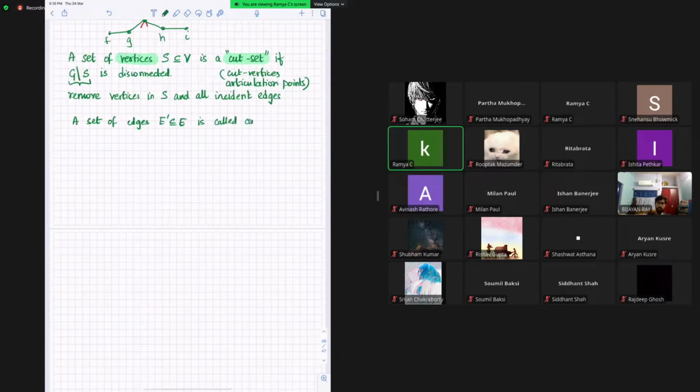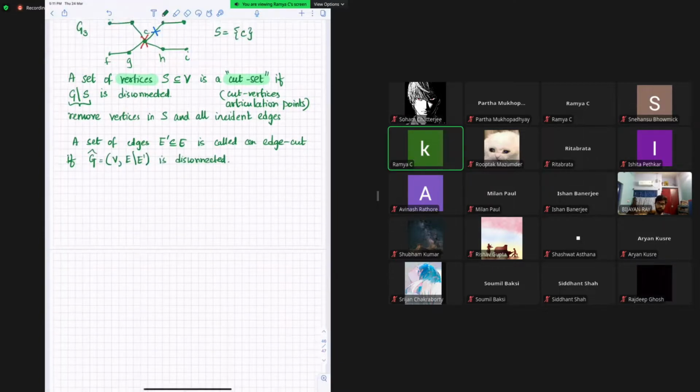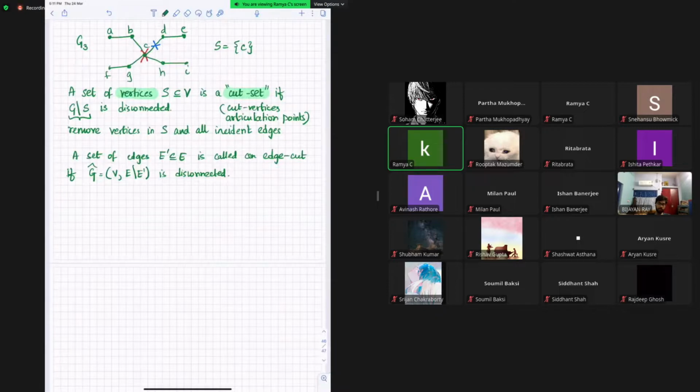If G minus E prime, what I mean by that is you look at the same graph, the vertices are the same, but now you look at E minus E prime. If this graph is disconnected, so you remove a set of edges that leaves the remaining graph disconnected, it's called an edge cut. Some books call it the bridge set.